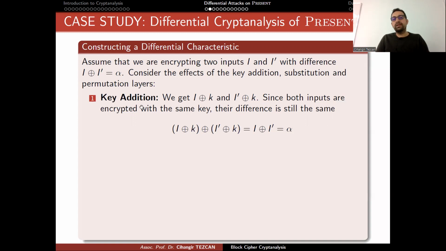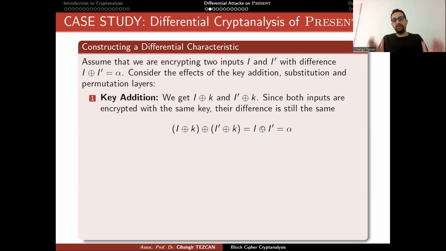If you XOR the two outputs, you will end up with I XOR I prime, whose difference we already know. Since key addition is just an XOR operation, and our difference is determined by an XOR operation, alpha is not affected by the key addition layer.